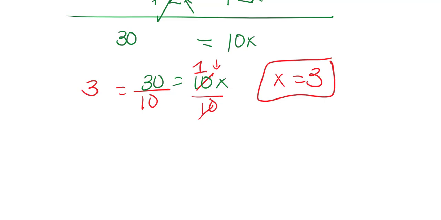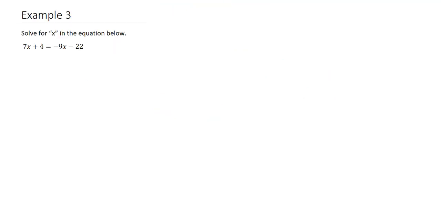Let's look at one more example. Solve for x in the equation below. We have 7x plus 4 is equal to negative 9x minus 22. Let's get the x's to one side first. Let's add 9x to both sides.